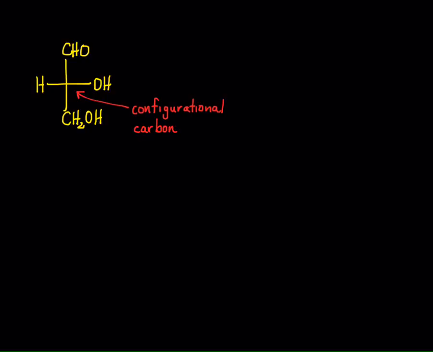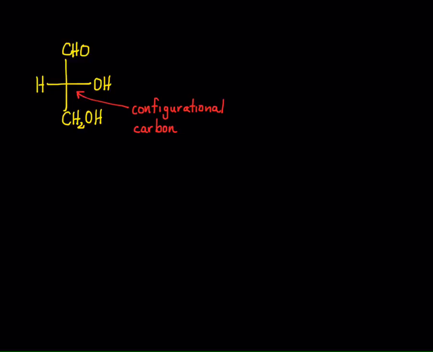And as we're going to see, we're going to add more carbon-OH bonds, and the carbohydrate chain is going to get longer. But the carbon at the base, the stereogenic carbon at the bottom, I should say, is always classified as the configurational carbon.